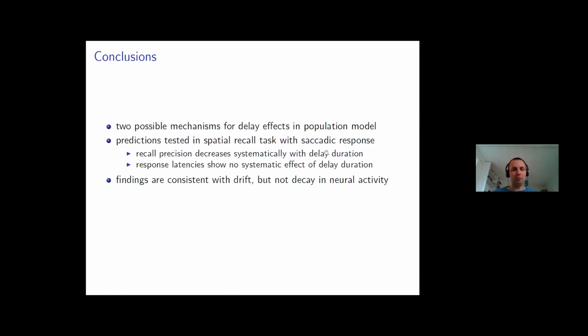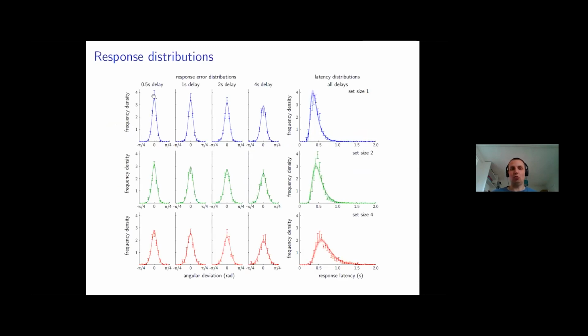There's one more small point I want to make. The drift alone still does not completely explain the response errors that we see, because even at the earliest delays, you already get response errors that are on the same order of magnitude as in the longest delay. So it can't really be that there's only drift as the basis for these errors. We've also seen that in more recent studies where we look at even shorter memory delay times.